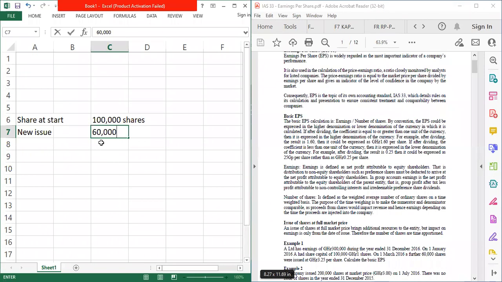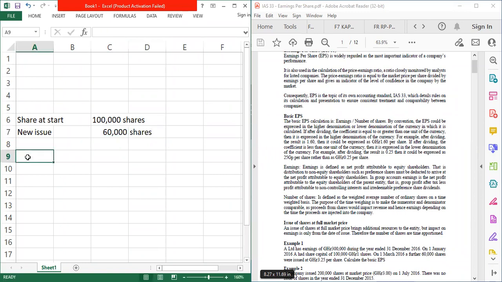So it means that these shares have contributed to only 10 months of the profit. And the old shares are for the full year. So what we need to do is to find our shares that is for 10 months.